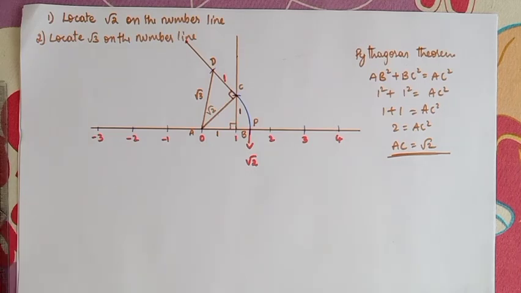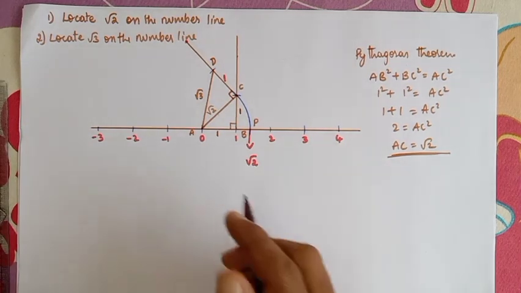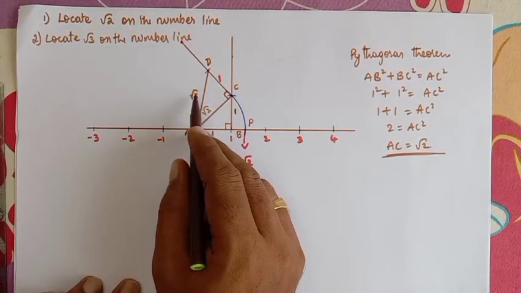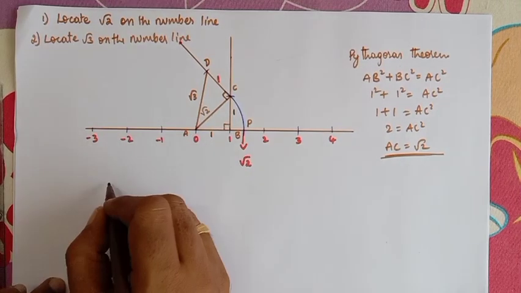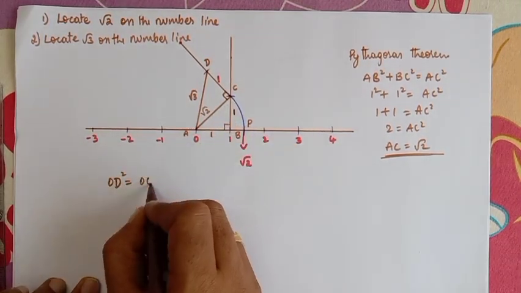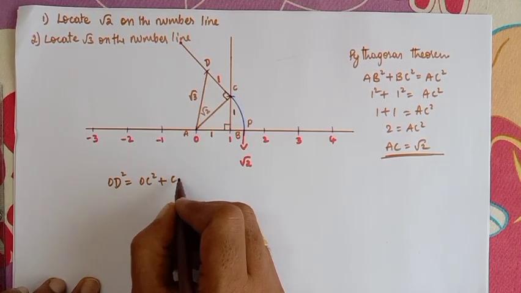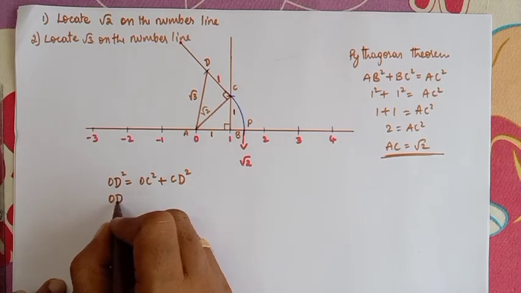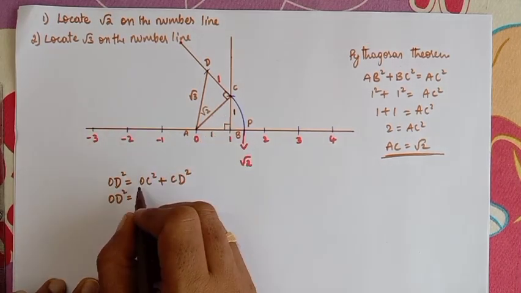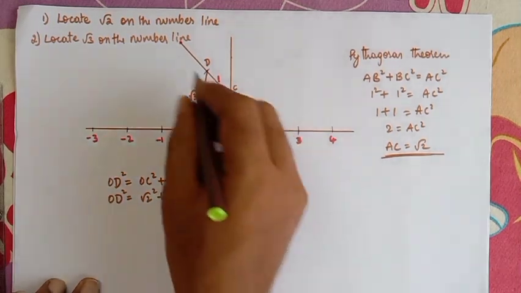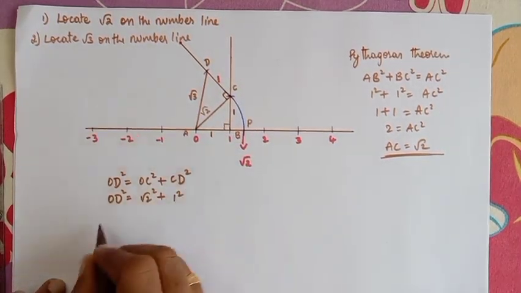Let us move on, once again, to the Pythagoras theorem. As per the Pythagoras theorem, OD is the hypotenuse. OD square is equal to OC square plus CD square. OC square is root 2 square, plus CD square, which is 1 square.